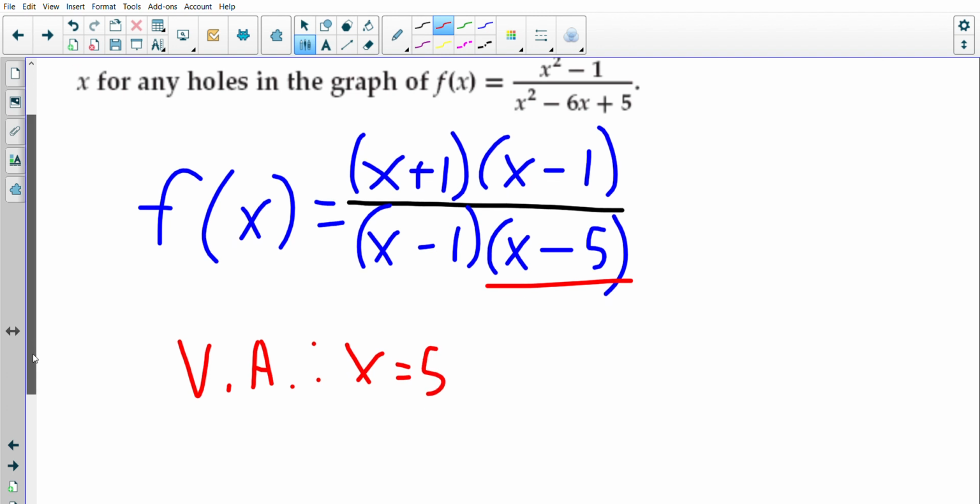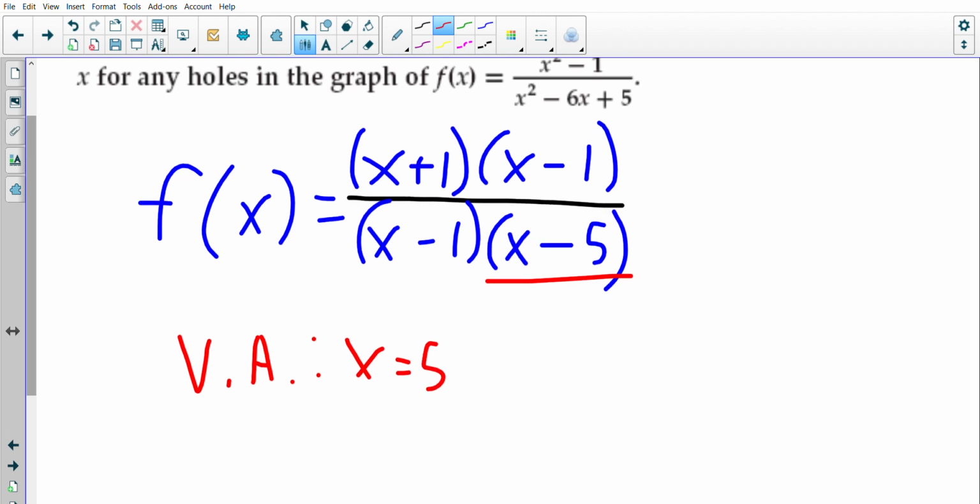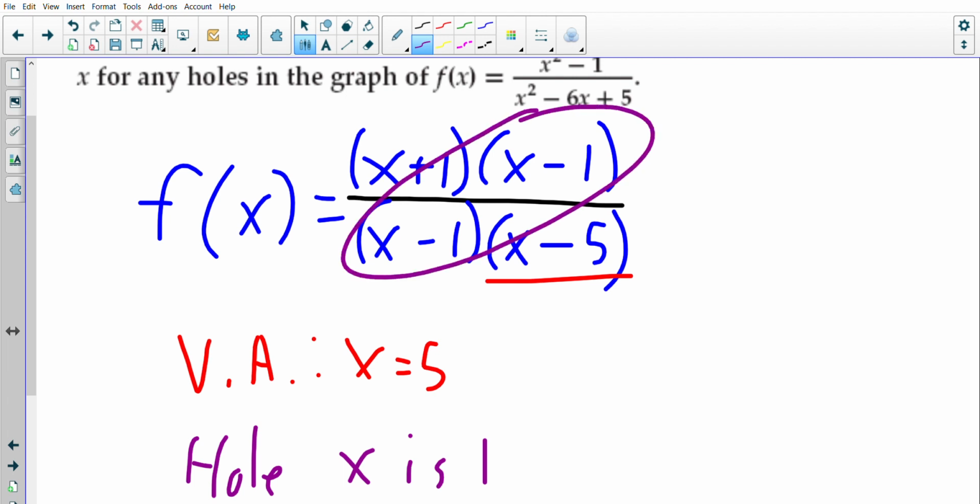And then our hole in the graph is when x is 1, because that's what would make x minus 1 equal 0, but it's going to end up canceling out. So we're actually going to be left with the function x plus 1 over x minus 5. So you always have to find those first, then you can do your simplification and canceling out.